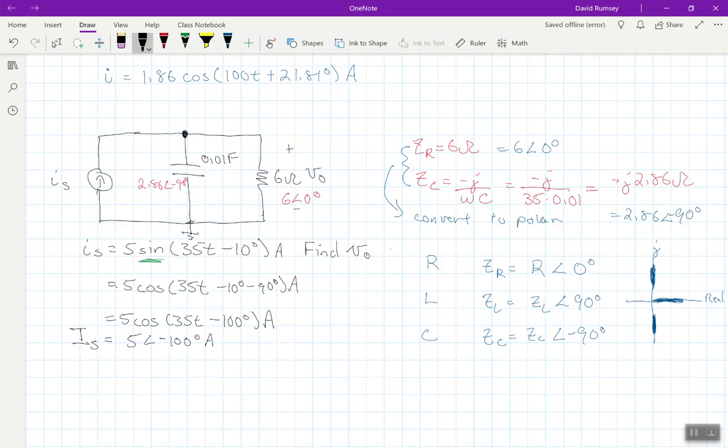And I know from nodal analysis that the current coming into a node is equal to the current leaving. So if I draw two currents going down here, I'll just call this the current going through the capacitor, the current going through the resistor. Then we know that IS, since that's coming into the node, is equal to IR plus IC.